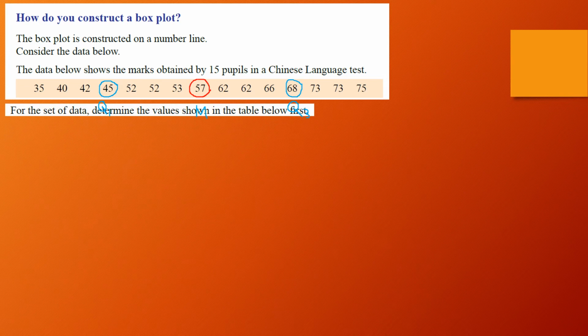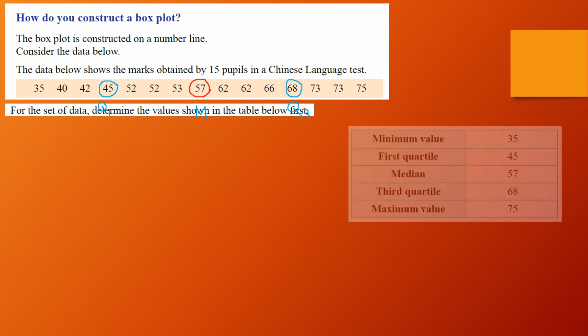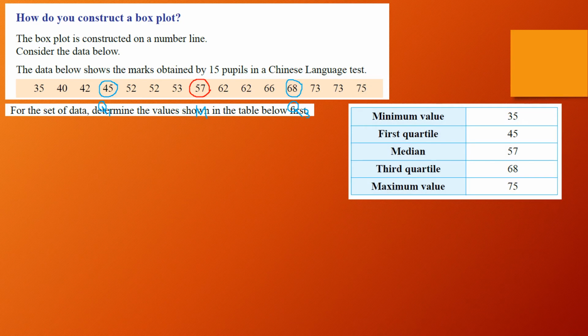You have already determined the median, then the minimum value, the smallest value, is 35. We have the first quartile 45, median 57, third quartile 68, and the maximum value is 75.